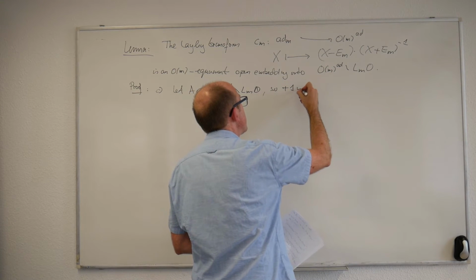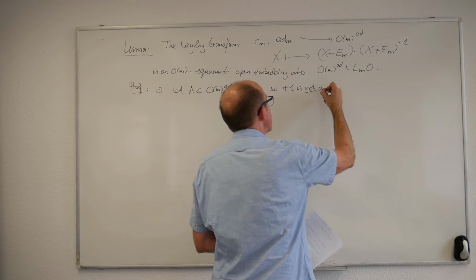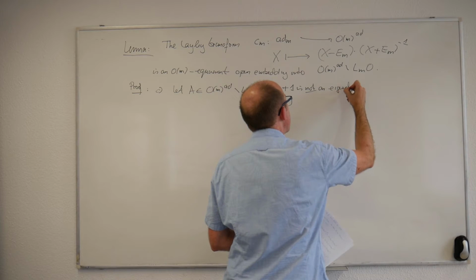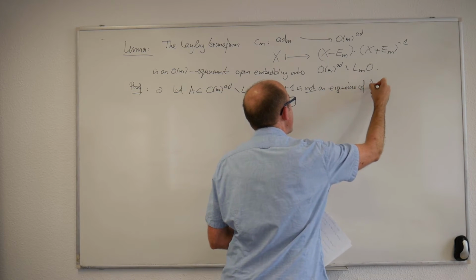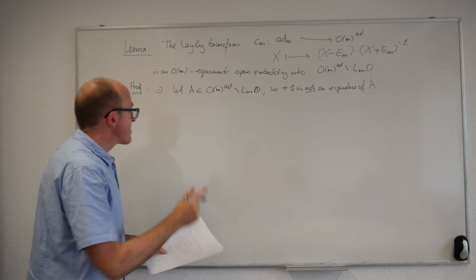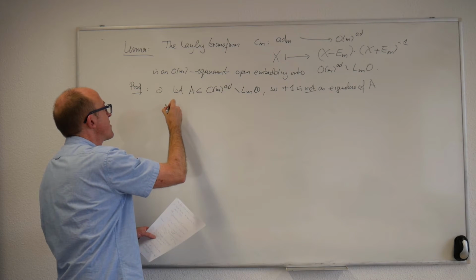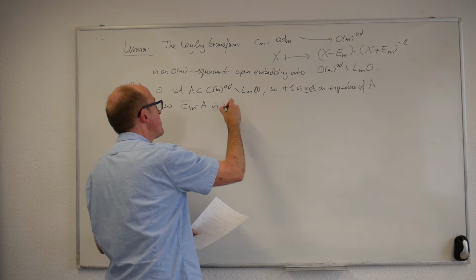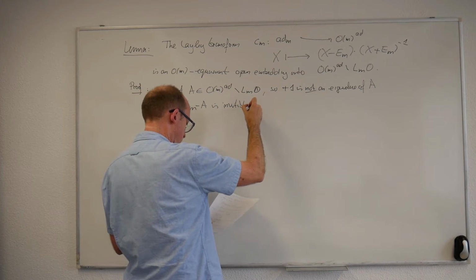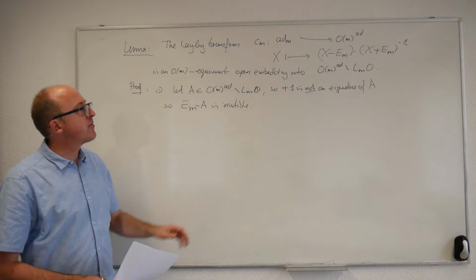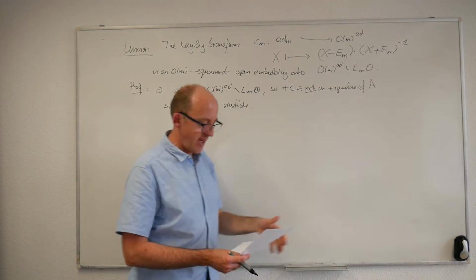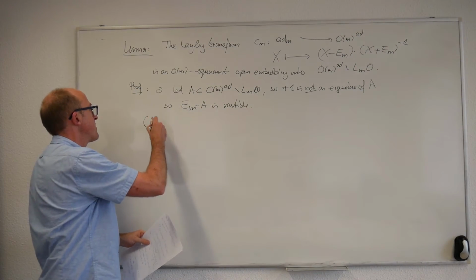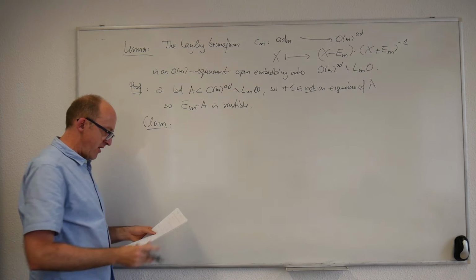So +1 is not an eigenvalue of the matrix A, and that means that the matrix E_m minus A is invertible. So we can form a similarly looking expression as up here, and I claim that we land in the adjoint representation.